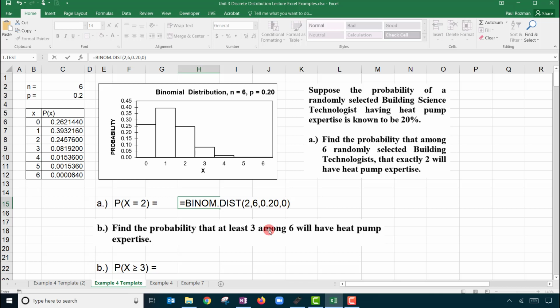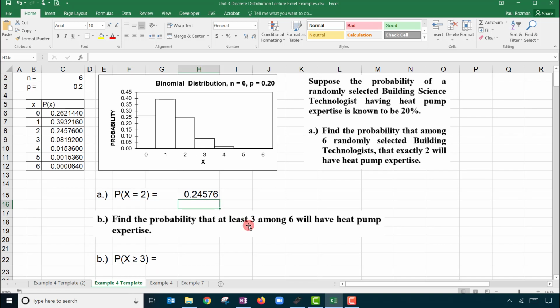The reason I don't want it to be cumulative is I just want the probability of exactly equaling 2. I just want this rectangle. So that's when I put a 0 on the end. And there's the answer that matches, hopefully, what we did by hand.